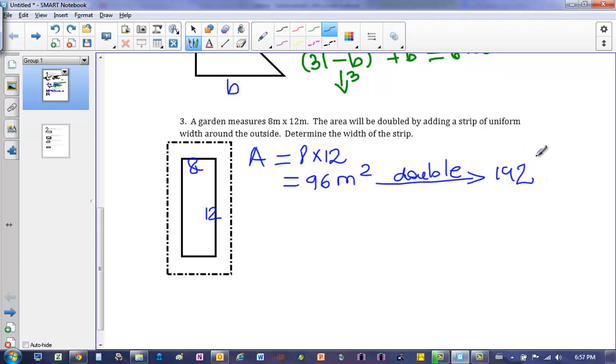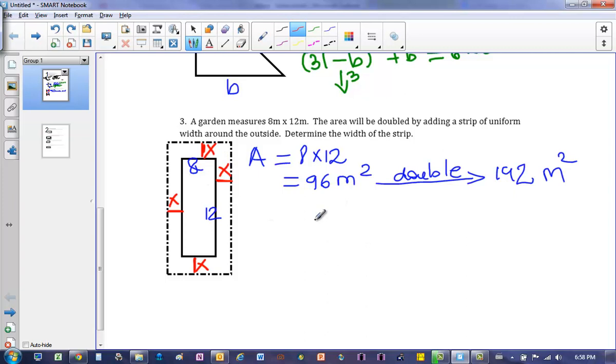So 192 square meters. Now we are told that the garden is enlarged by adding a uniform strip all around. If it's of a uniform width, all these sides measure, let's say, x meters. All of them have exactly the same dimension.